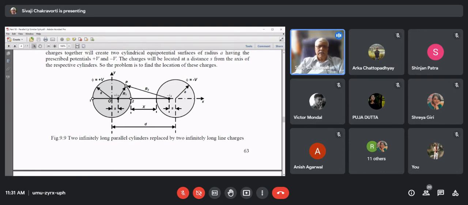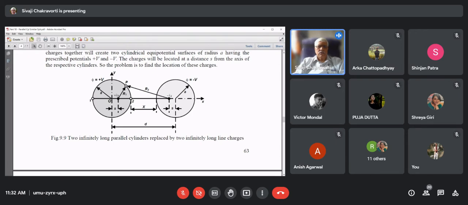First we join the two axes of the cylinders, and this is the cross-sectional plane. And since these are long parallel cylinders, field is not varying along the z-axis, which is along the length of the cylinder. It is varying on the xy plane, which is the cross-sectional plane. And on this cross-sectional plane, we are joining the two centers, and the two charges are placed on this line with certain eccentricity.